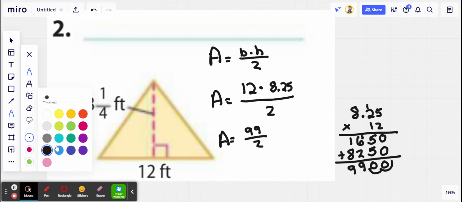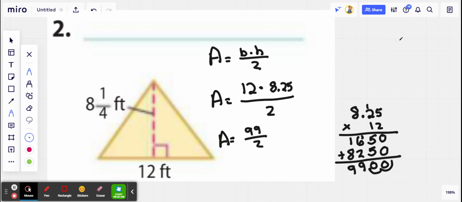Okay. So 99 divided by 2. 2 can go into 9 4 times, right? That's 8. 9 minus 8 is 1. 2 cannot go into 1, so let's drop down that 9. 2 can go into 19 9 times. And 9 times 2 is 18. Okay, so that's 1.